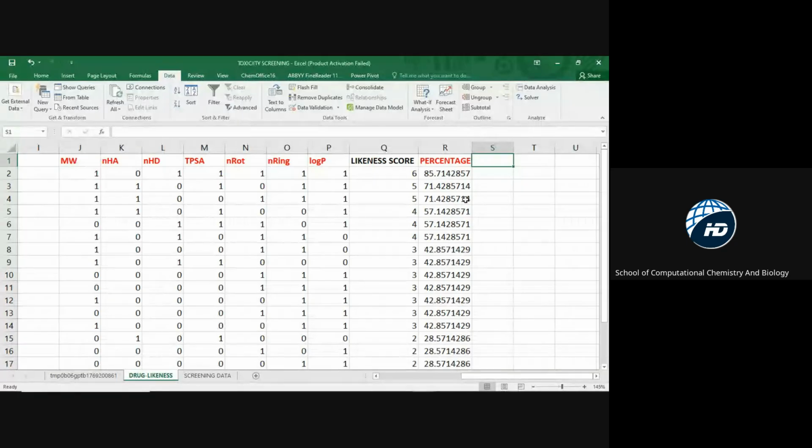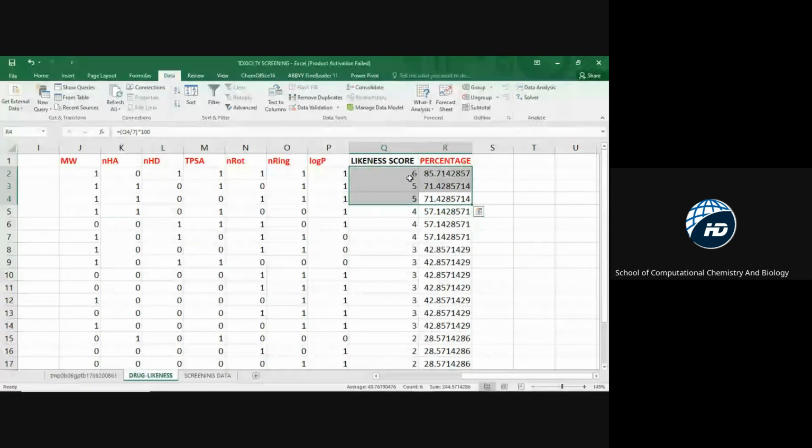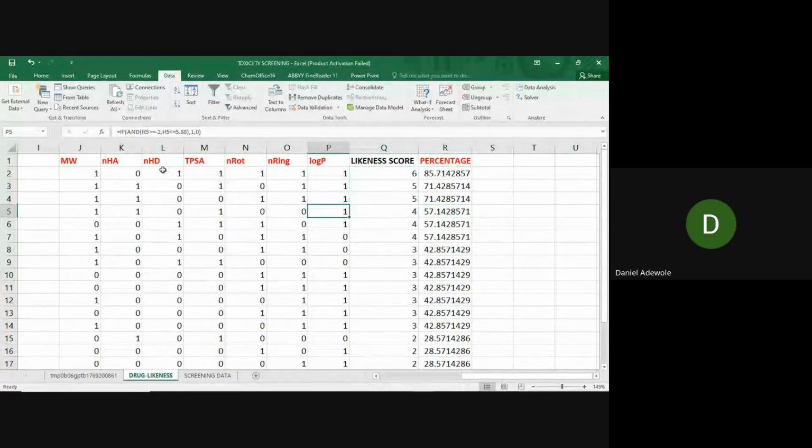So that means it's still on a range of 70% and above. Did you highlight everything, or did you just click on that column, please?